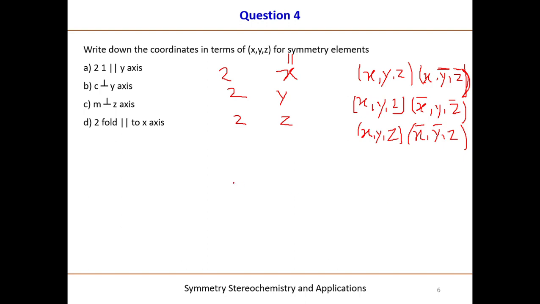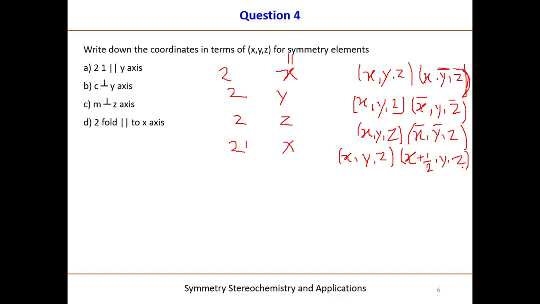In the same manner, if we have a 2_1 axis parallel to the x axis, what will we write? Because we have 2_1, in terms of x, y, z, since it's parallel to the x axis, it becomes x plus half, y and z.